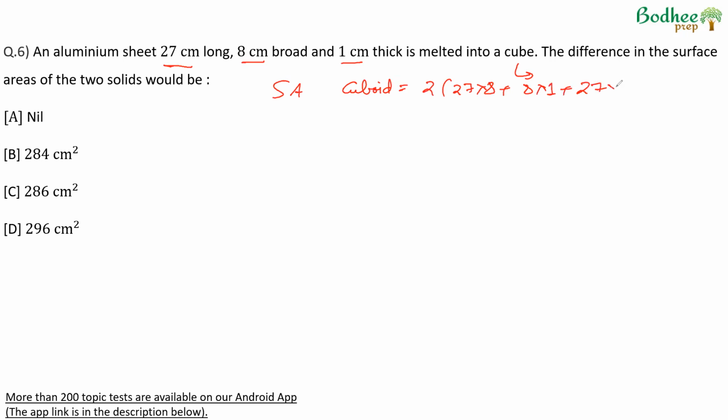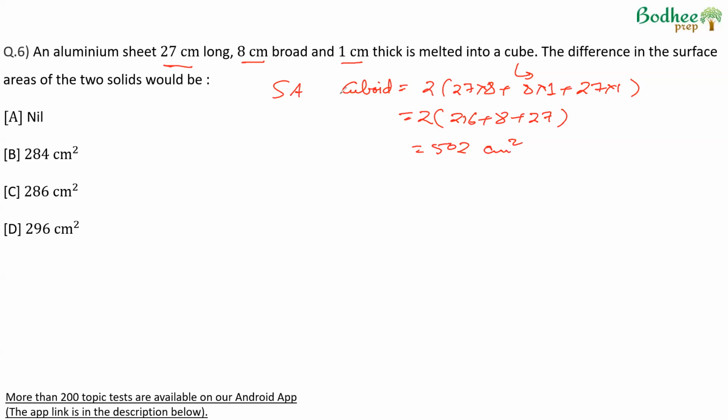Straight formula. 2 into 27 into 8. 27 into 8 is 216. 216 plus 8 plus 27, 216 plus 8, 224 plus 27, 251 into 2, 502. The surface area of the cuboid is 502 centimeter square.